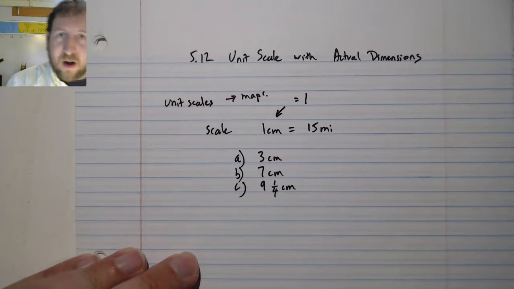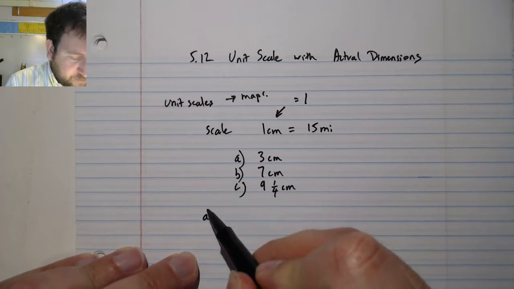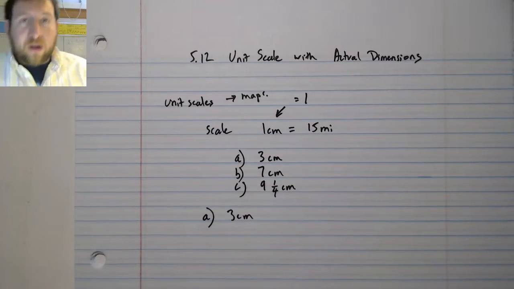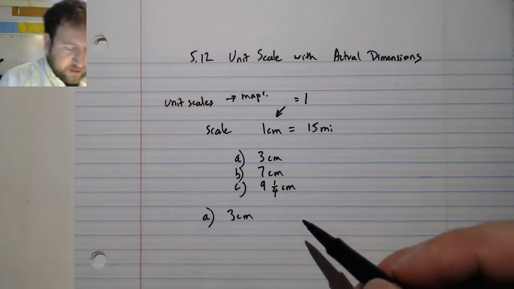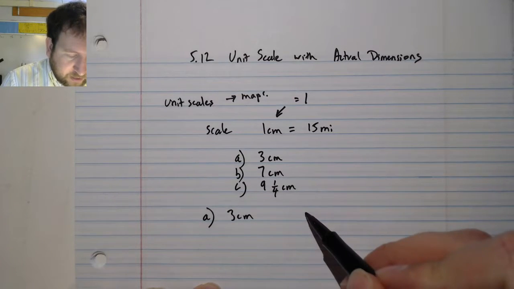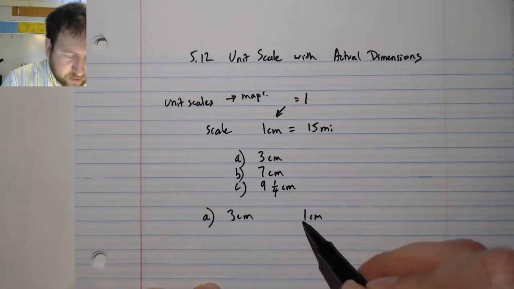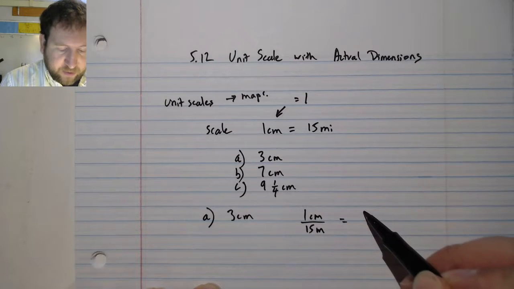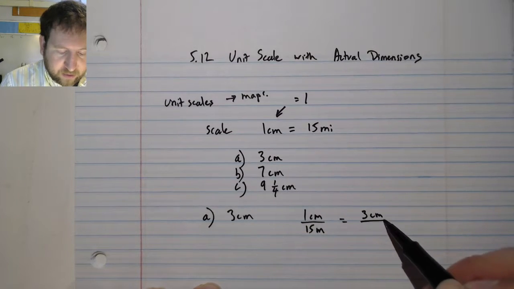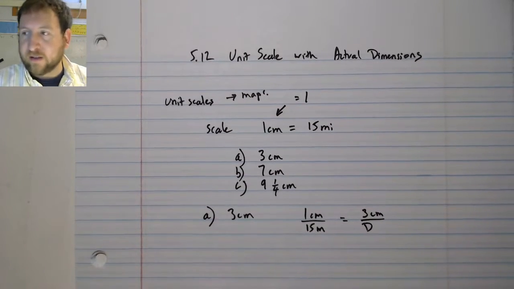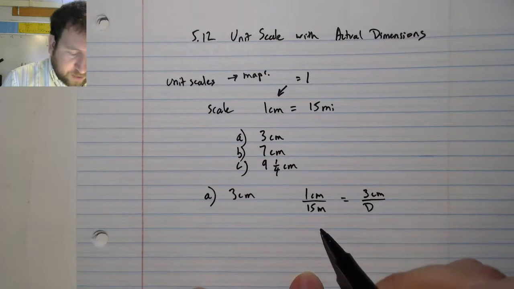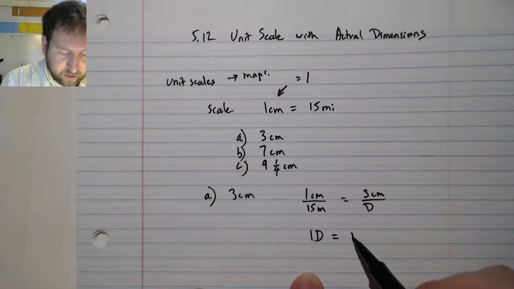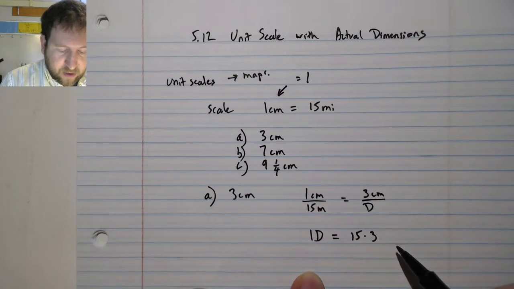So let's take our example A right here first. And we have 3 centimeters. So if I wanted, I could go through the whole process of writing my scale factor. My scale factor would be 1 centimeter to 15 miles, and I could say that's similar to 3 centimeters, and my total distance I could say is D. Then I could cross multiply and get 1D equals 15 times 3.